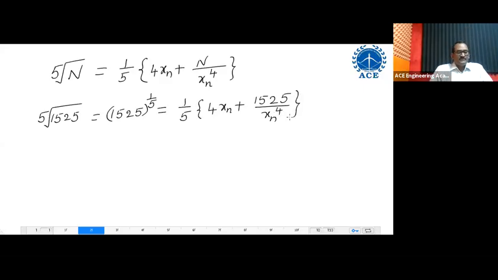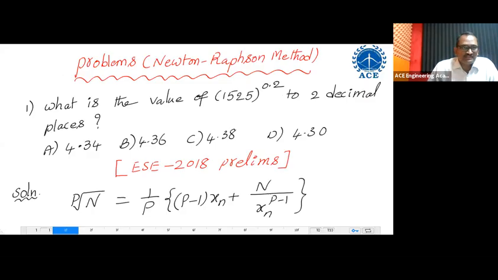Listen to me. Actually, in the examination, we will be asked to solve one problem using Newton-Raphson method. But sometimes in the examination, they will not mention it. Even though it is not mentioned, we can still solve this problem using Newton-Raphson method, because square root of a number, cube root of a number, fourth root of a number, inverse of a number, etc., can be found using Newton-Raphson method only.